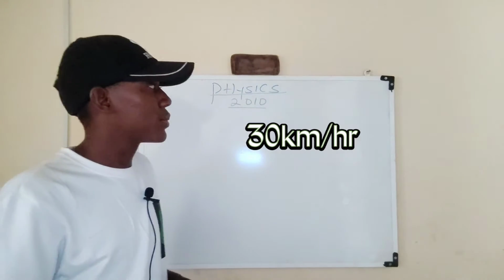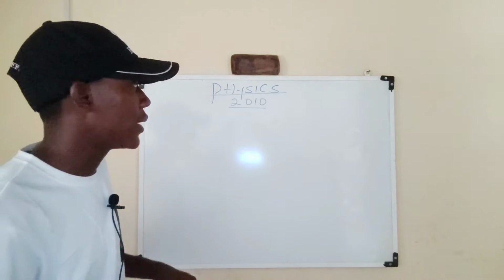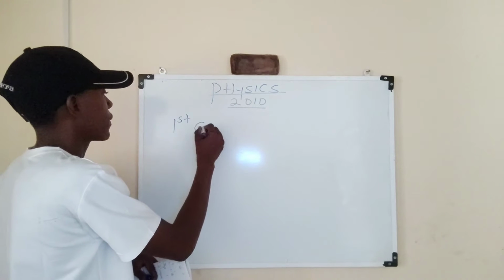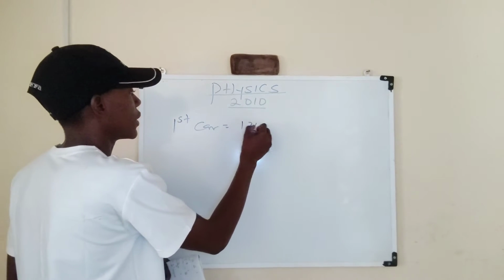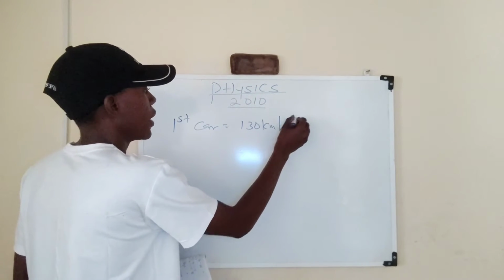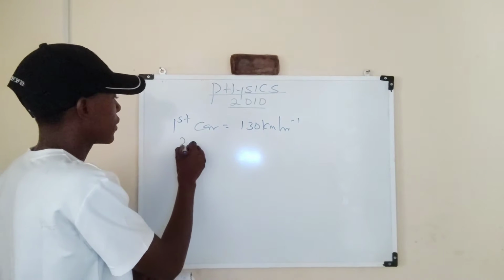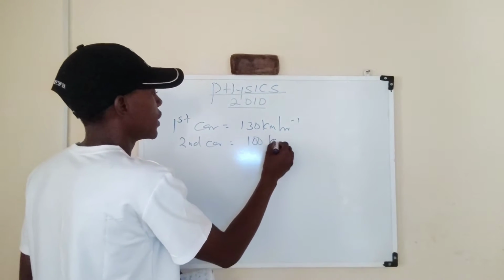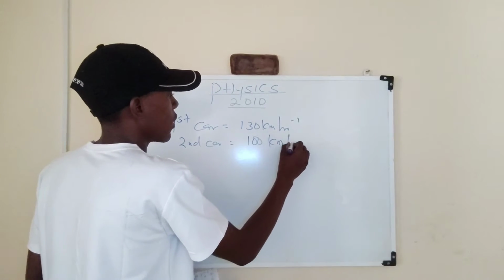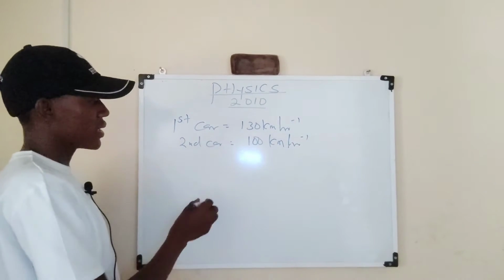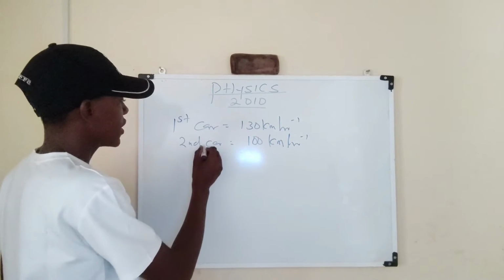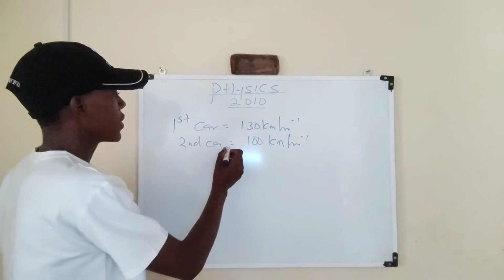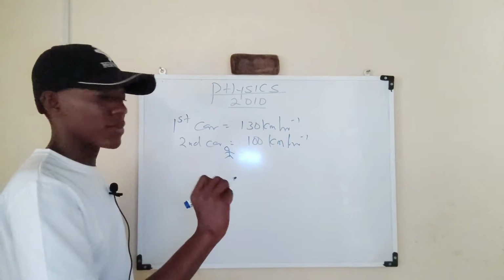By simply applying the mathematics here, the first car is 130 kilometers per hour, the second car is 100 kilometers per hour. There is somebody seated in the first car, and the person seated in the second car is observing this car pass him by.